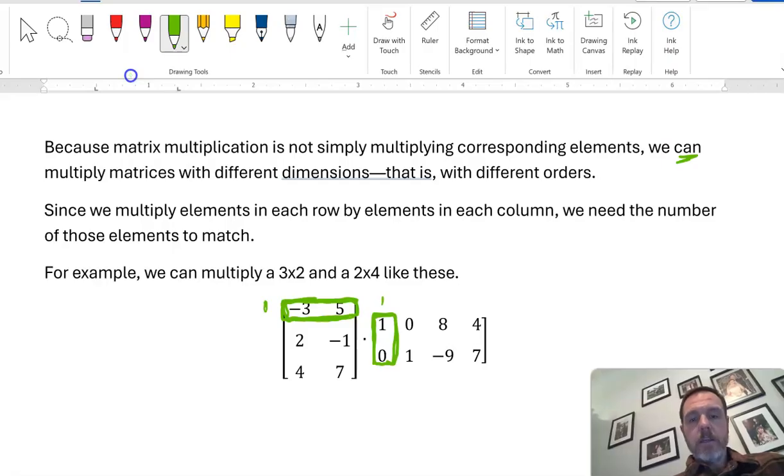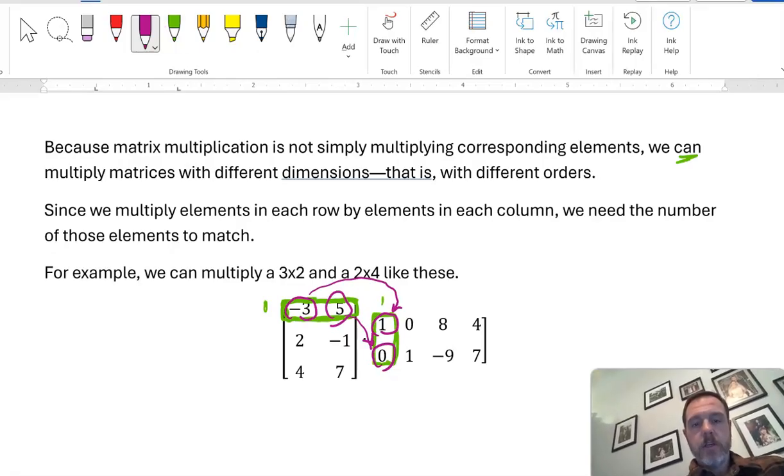As long as I have the number of elements in the row, so I have two elements in this row, as long as I have the same number of elements in the column, two elements in the column, then I can do the multiplication. I just need to match up this element and this element, and we're good to go, right? Multiply those corresponding elements, and we're okay.